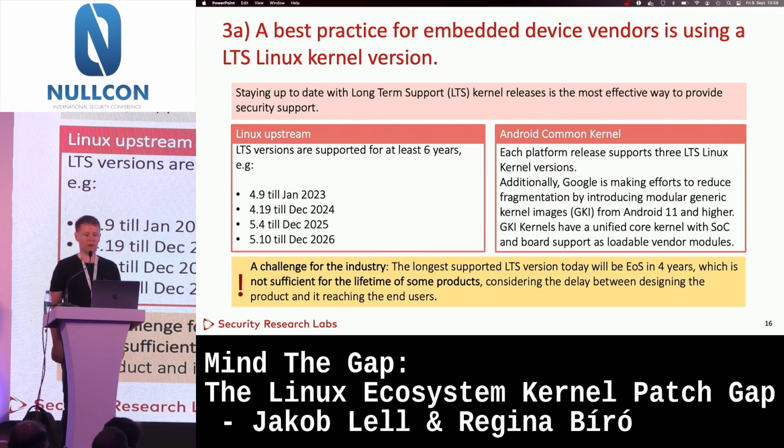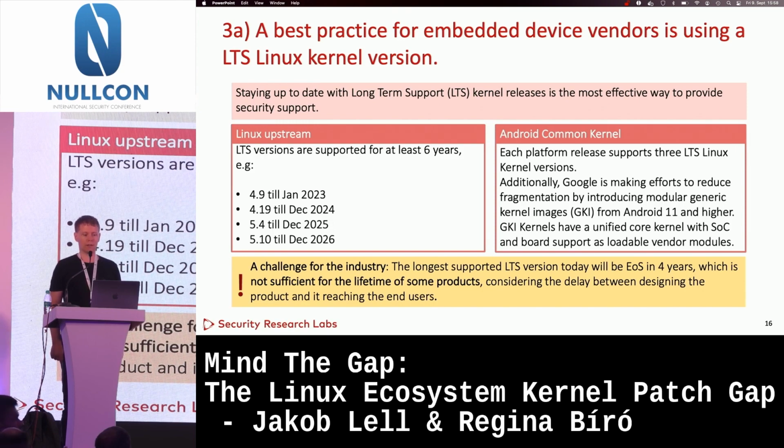And apart from the Linux upstream kernel, we also have the Android common kernel, and for Android, Google has a policy that one given Android version supports the 3 latest kernel versions supported by AOSP. So there is an option to upgrade the Android operating system without upgrading the kernel, but still after a couple of upgrades, you also need to upgrade the kernel.